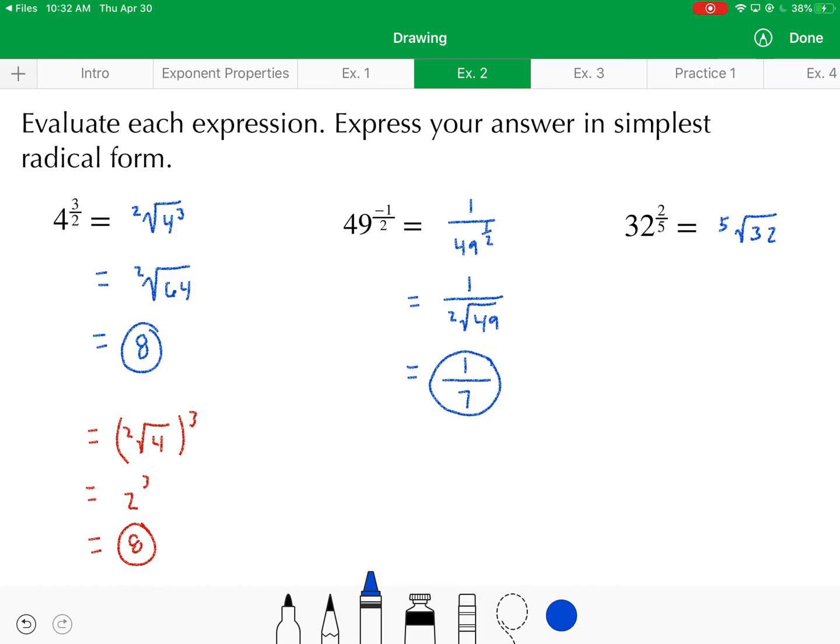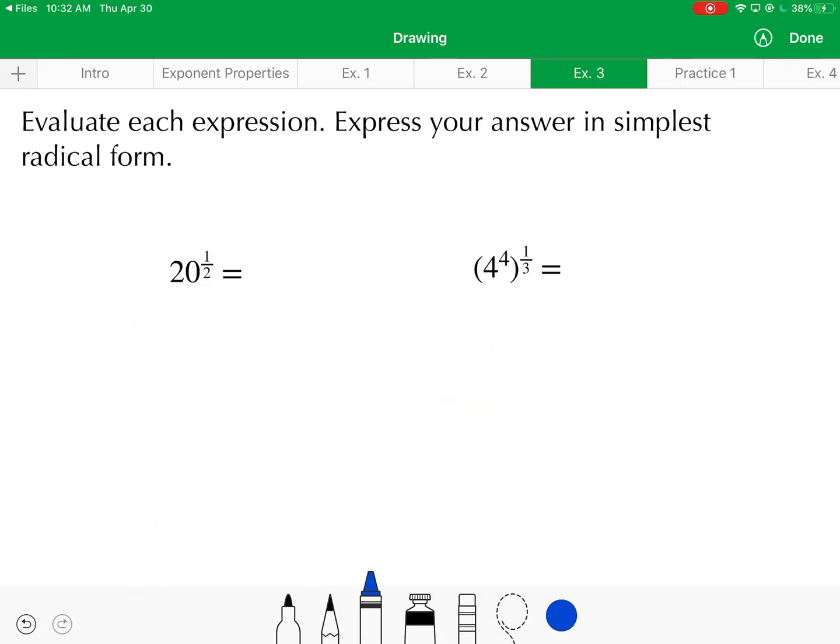And then that large number you're going to have to find the 5th root of. However, I'm noticing the 5th root of 32 is an integer, right? So I think it's going to be better to bring the power of 2 to the outside. So I know the 5th root of 32 is just 2, and then 2 squared simplifies to 4. Okay?